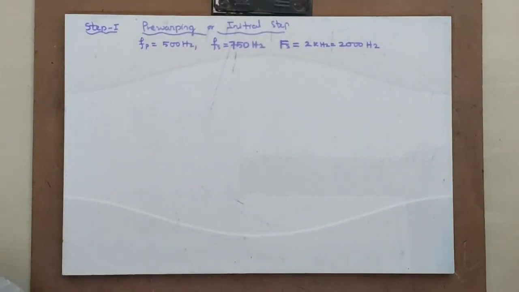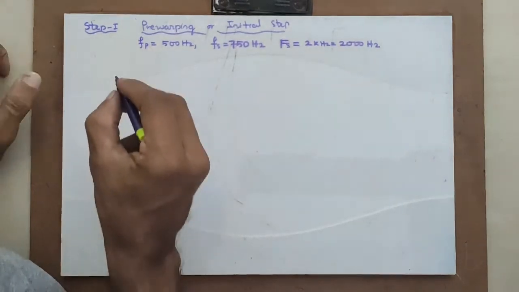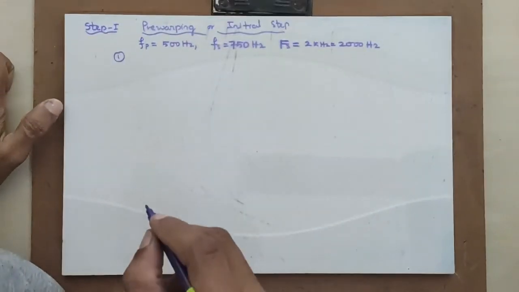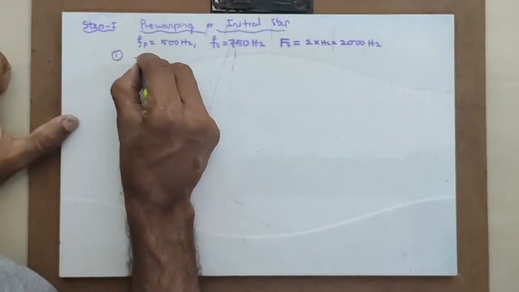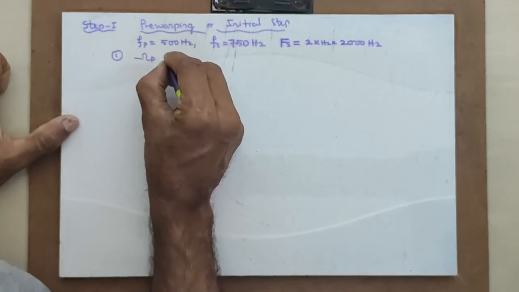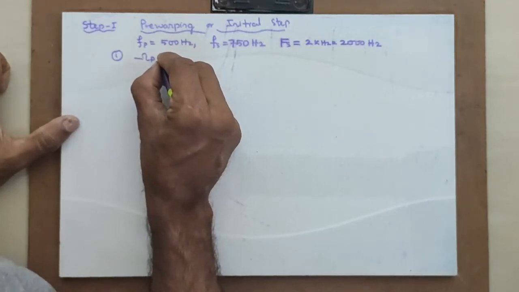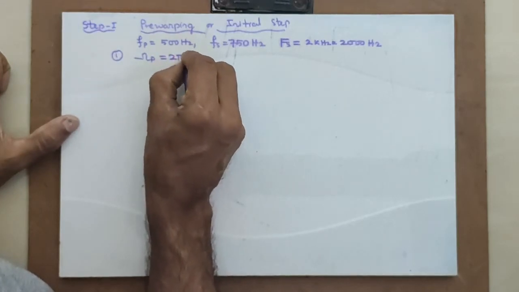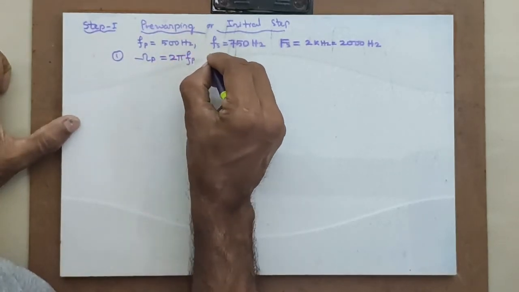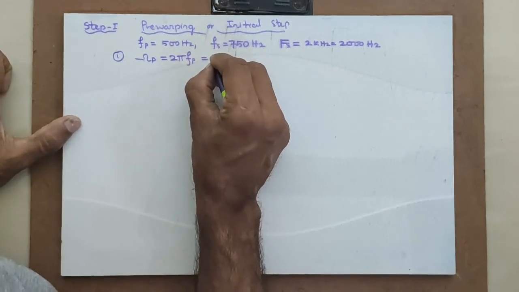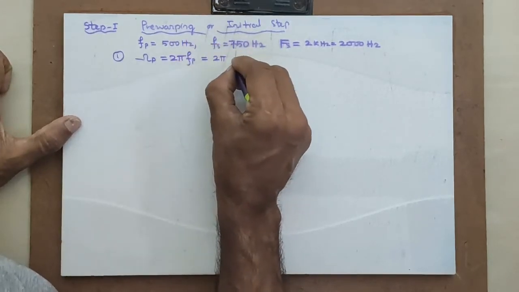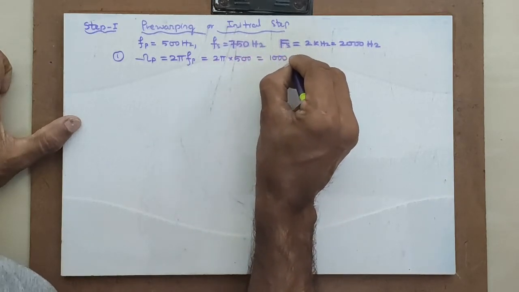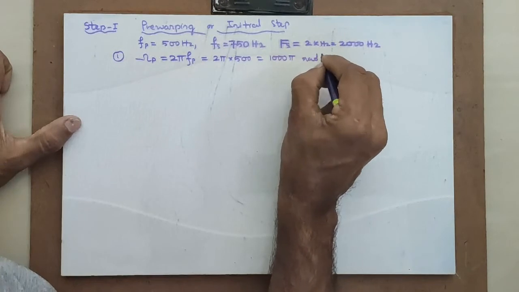Now in pre-warping, there are a few steps. One typical sub-step is you first find omega p, the analog specification. Omega p is equal to 2 pi fp, that means 2 pi into 500 Hertz, which becomes 1000 pi radians per second.